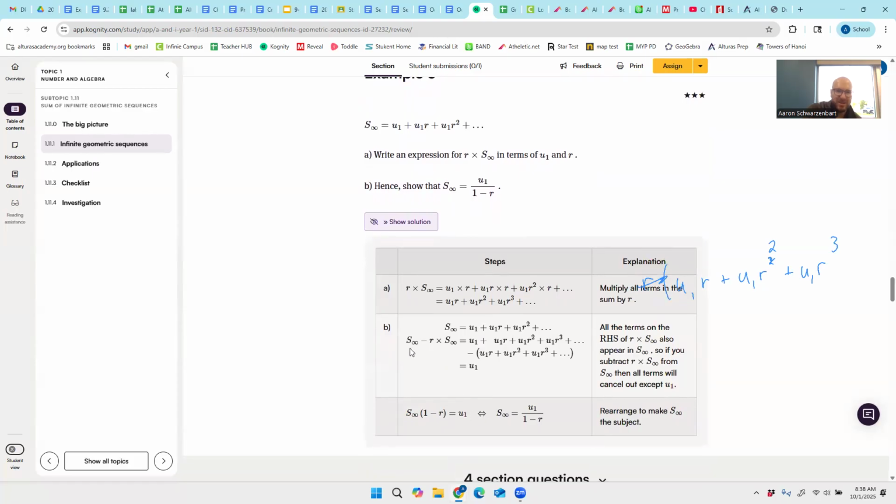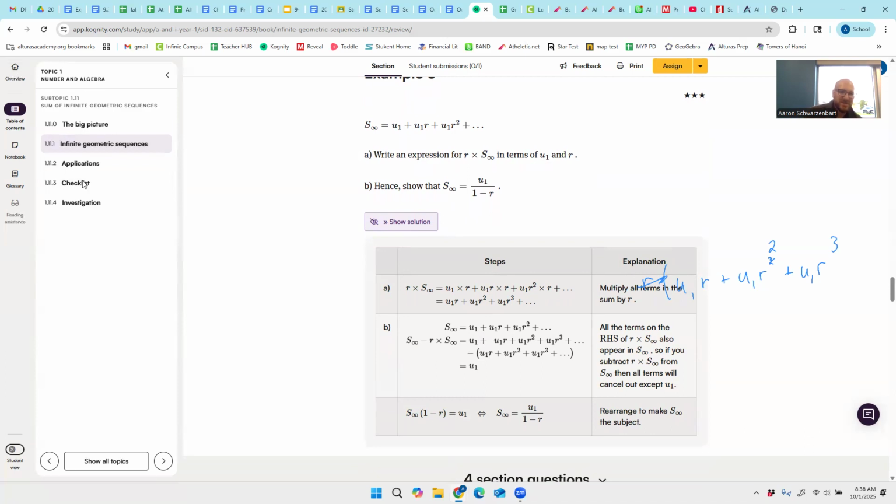So here we've got S infinity. This is a little trick. S infinity minus r times S infinity is basically moved everything up a term, correct? So when I subtract them, I'm left with just u1. Does that make sense? This is a little proof trick.